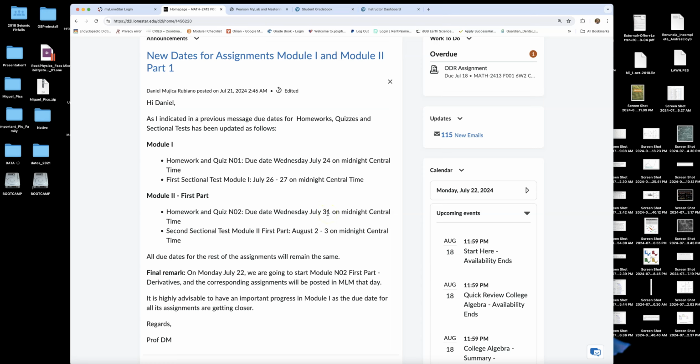And over that weekend of next week, on Friday and Saturday, you're going to have the second sectional test, which is about module number 2, basically derivatives.